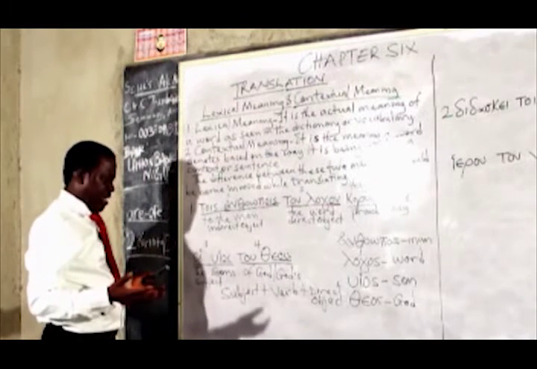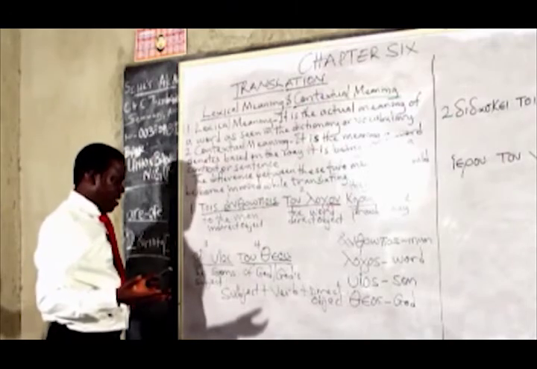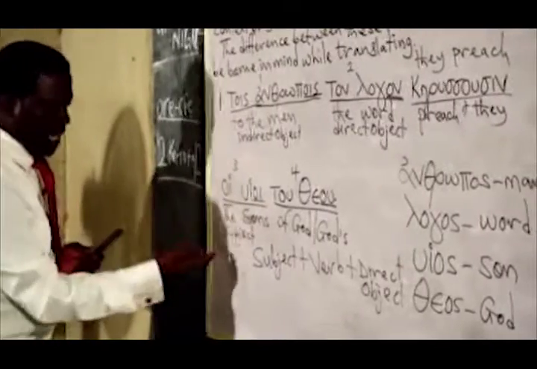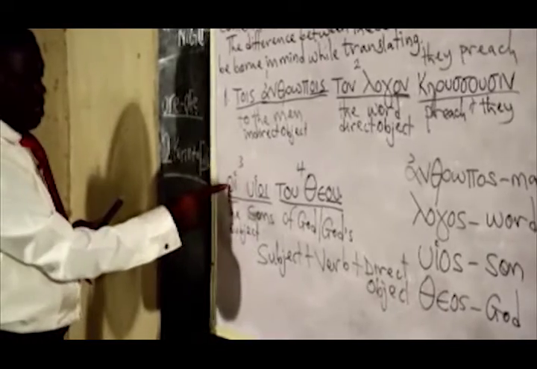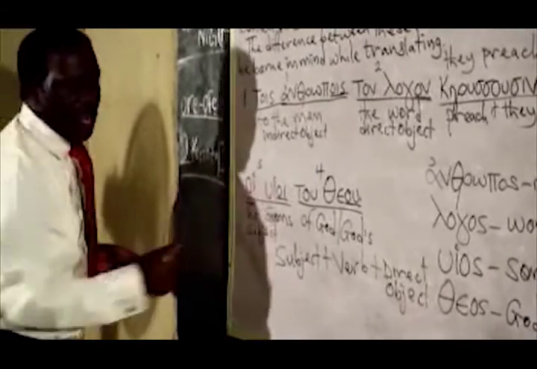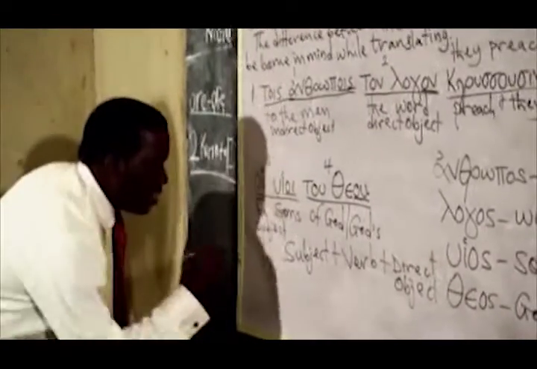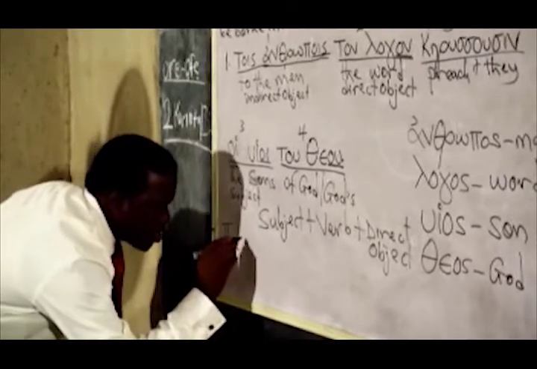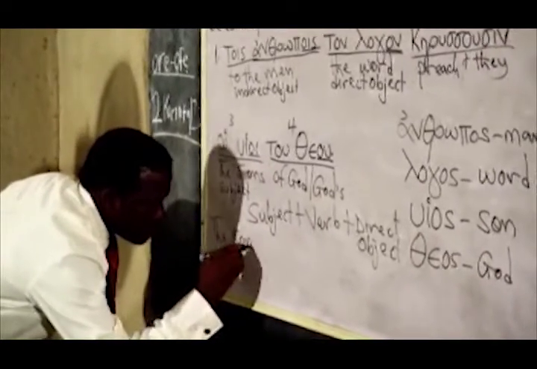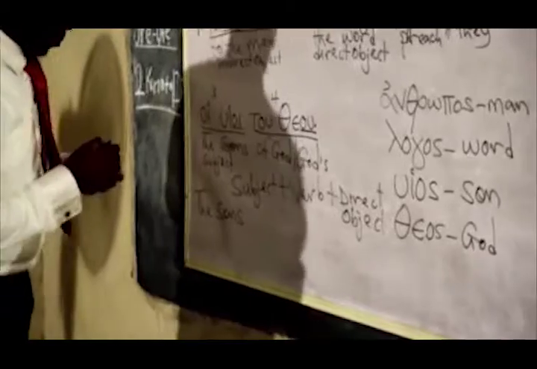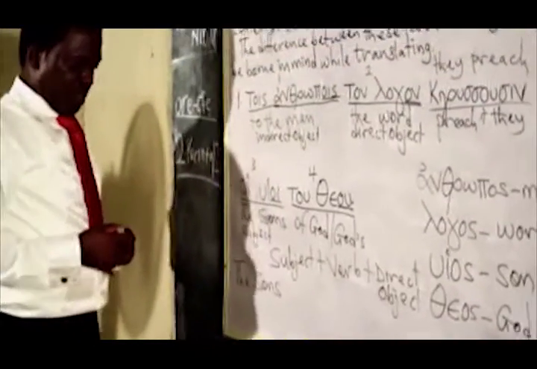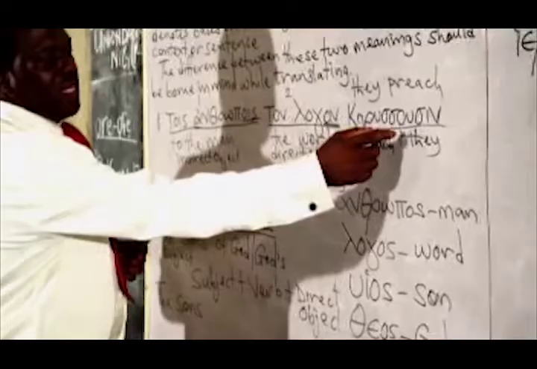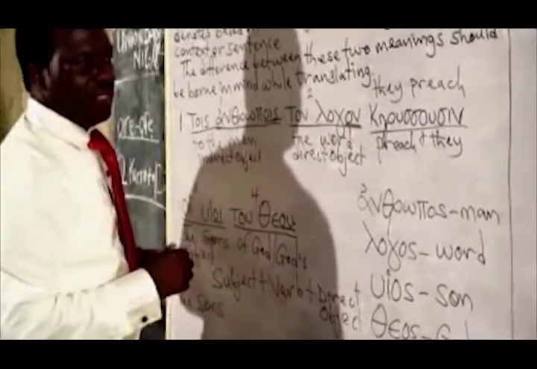Now, if that should be the case, we say, okay, subject first. So the subject we have here is hoi huioi, the sons. The sons, followed by the verb kerusousin.